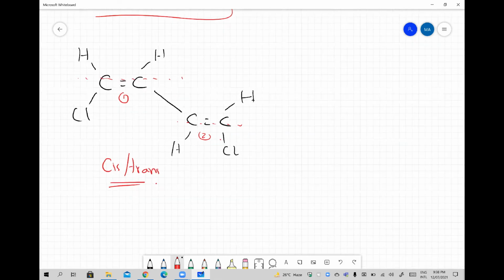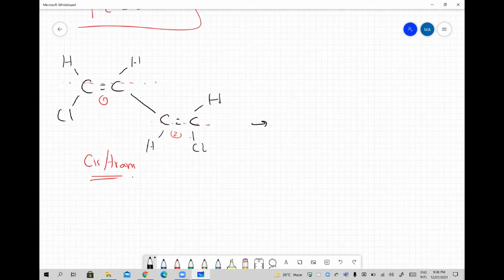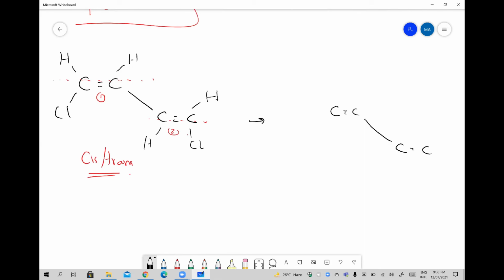What we can do is, let's make an isomer. For the first one here, we'll place chlorine on the upper side and hydrogen on the lower side. And for this one, we're going to again flip, chlorine on the upper side, hydrogen on the lower side.